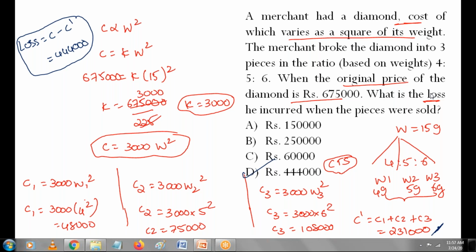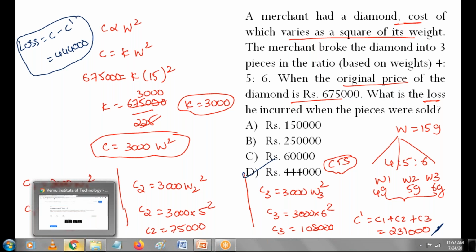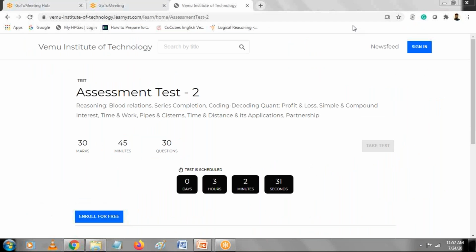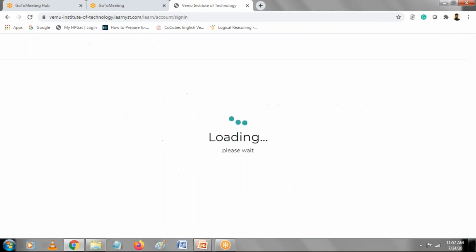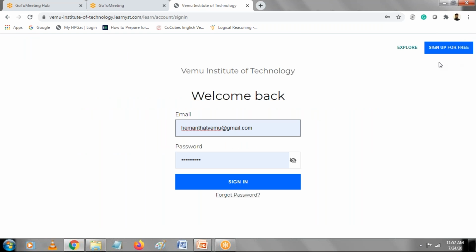Fine. So ratio, proportion, variations, right? And I hope you people know about your exam, how to register and all. Just go to that corner on the right side. You have to enroll for free, and you should sign up for free.